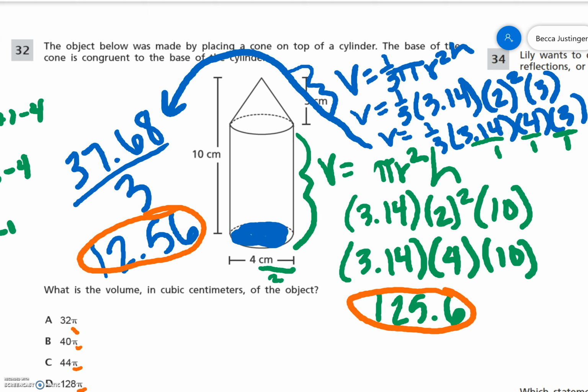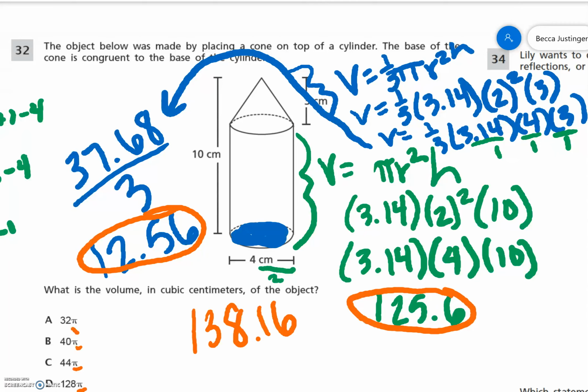We can fix that. So 125.6 plus 12.56 equals, oops, I did that wrong. Let me type that again. 125.6 plus 12.56 equals 138.16. So I need to figure out which one of these equals that.